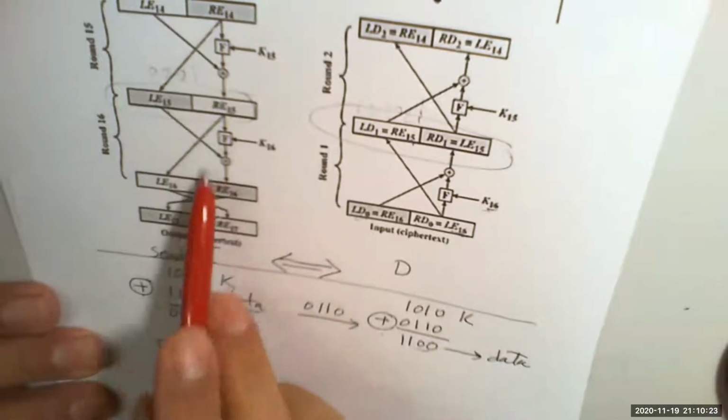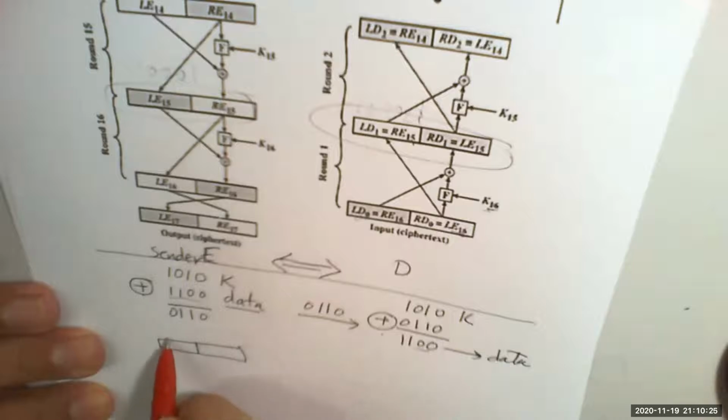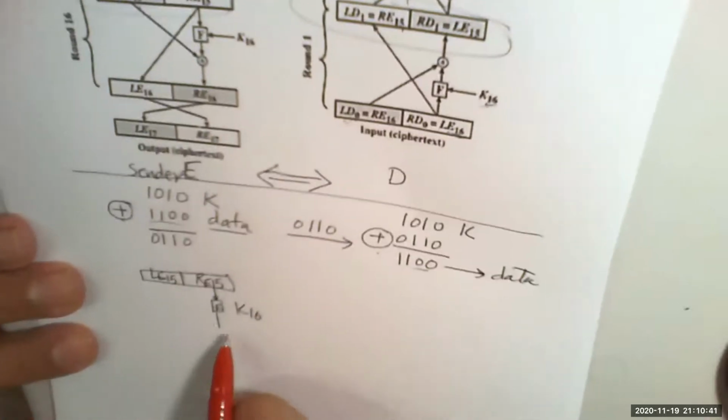It is here. I will draw it again. So we have LE15 and RE15, and we have the K16 here, and this is F, and this is the XOR.